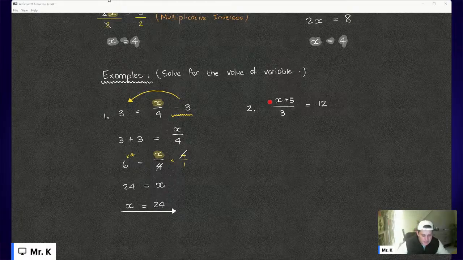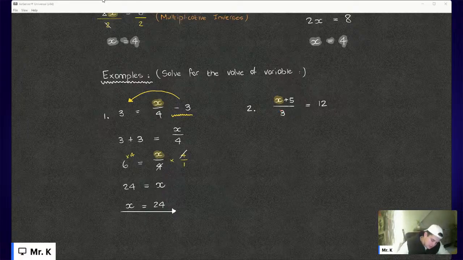So when I look at x plus 5 over 3 is equal to 12, we know that we're solving for the value of x. And what's making everything a little frustrating right now is this whole fraction, right? There's nothing I can move over to the left or right-hand side that's going to benefit me. But if I can get rid of this fraction, things will get a little bit easier. So that's what I'm going to start with.